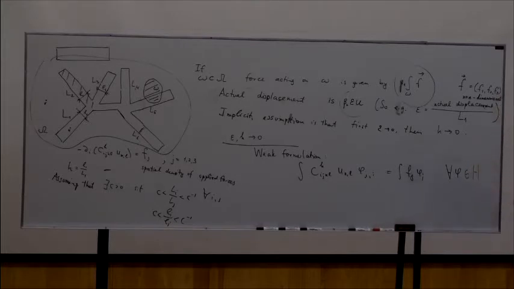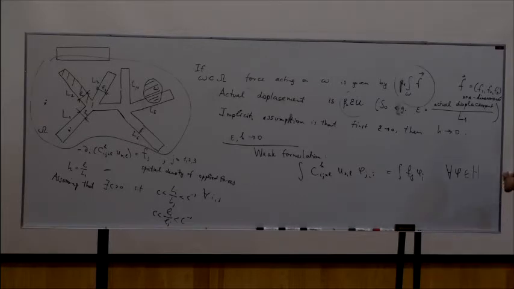That is a kind of energy space for the problem. I used the word Sobolev spaces a lot until I realized at the end of the last lecture that not everyone knew what Sobolev spaces were.